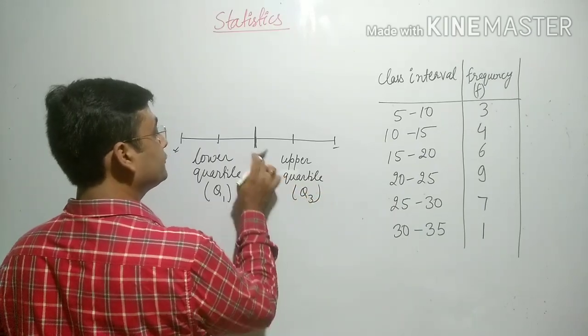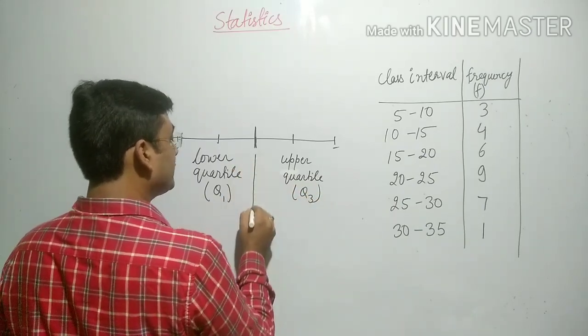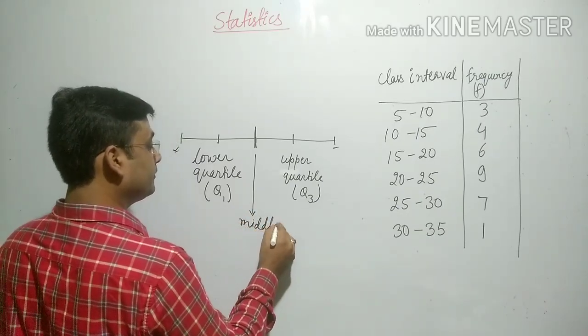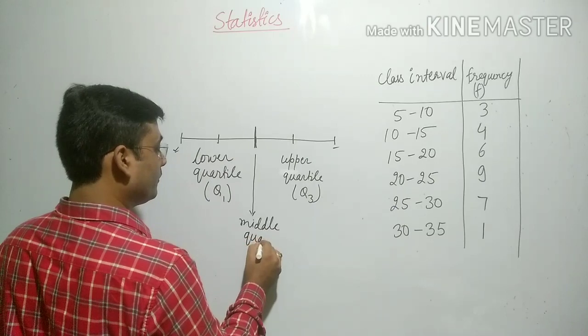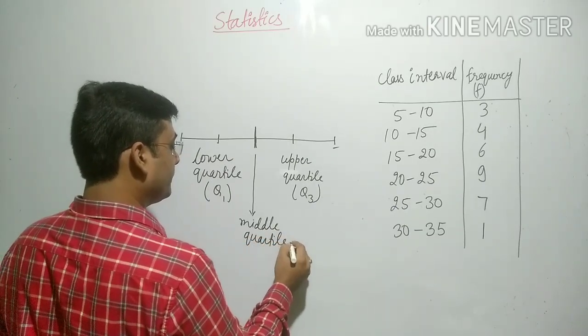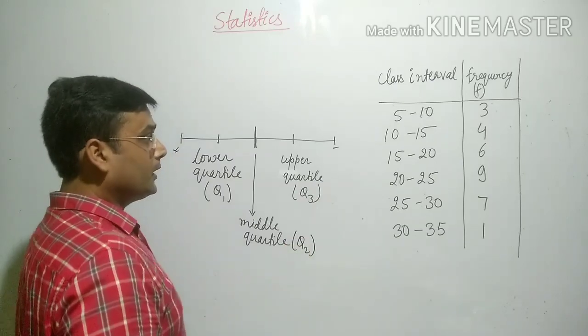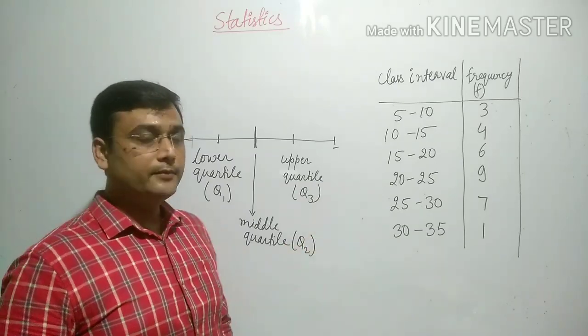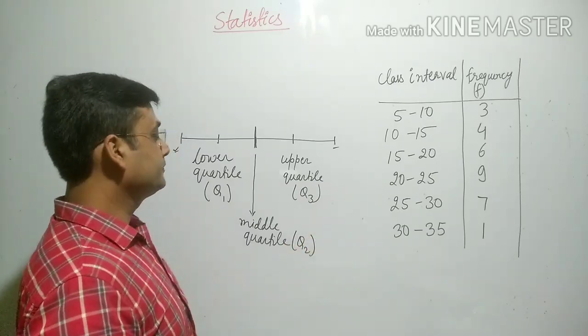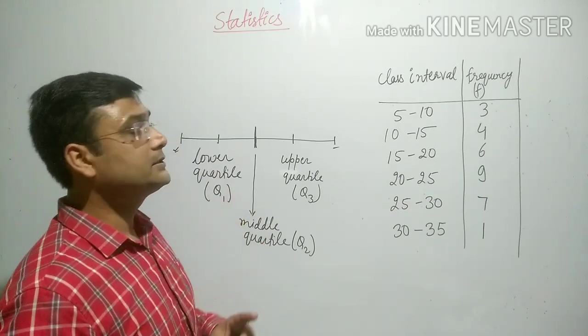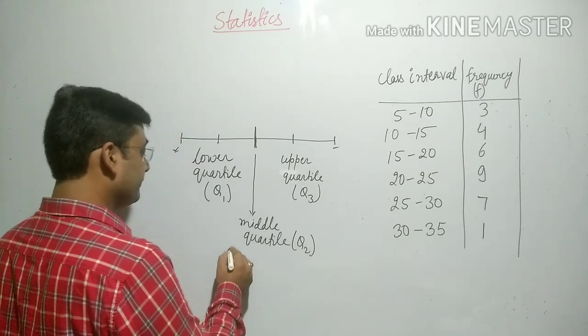We are saving Q2 for this one, and this will be called the middle quartile, and we will denote it with Q2. According to the data we have taken here, this middle quartile and the median for this data will be the same.